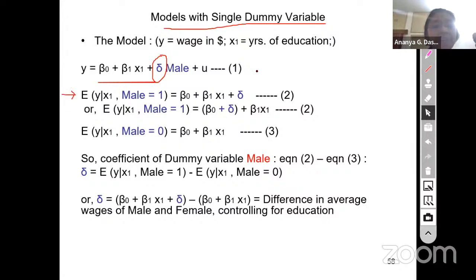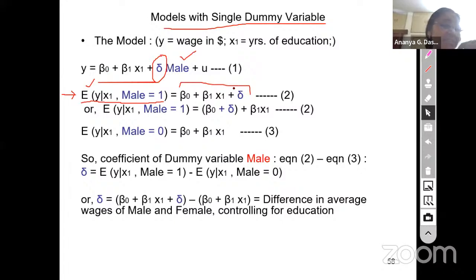Now remember, I can write my model as the average value of y given x1 and x2, where x2 is male, and given that male is equal to 1. So when male is equal to 1, this variable takes the value 1, so my model simply boils down to beta naught plus beta 1 x1 plus delta.